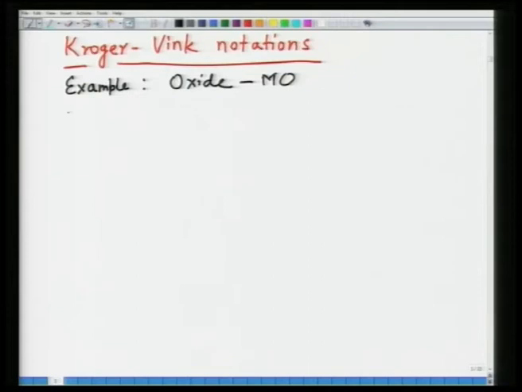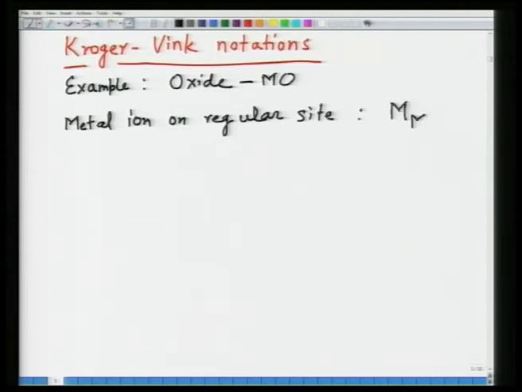If you have a metal ion on a regular site, it is known as M subscript M. So, this is how a regular metal ion will be denoted. Similarly, an oxygen ion on a regular site will be given as O subscript O, or if you had a cation X and anion X, then it would be X subscript X. And then you have a host of these point defects.